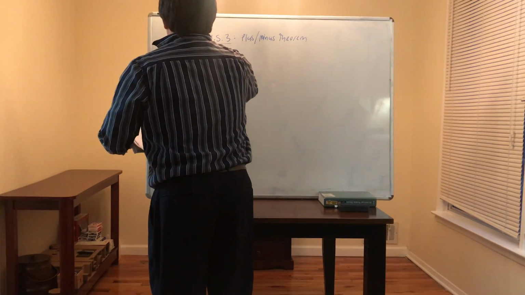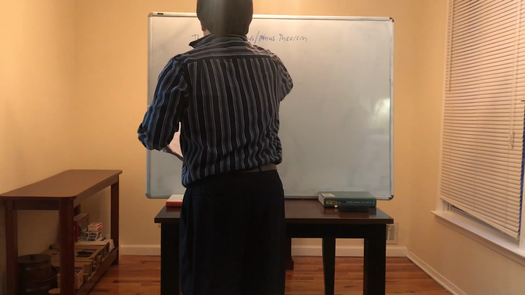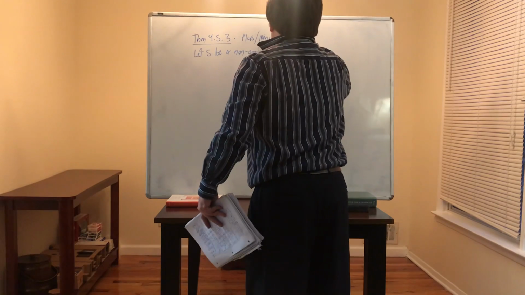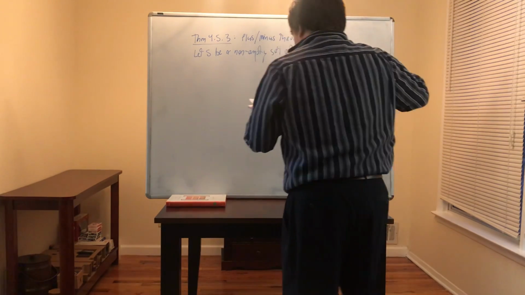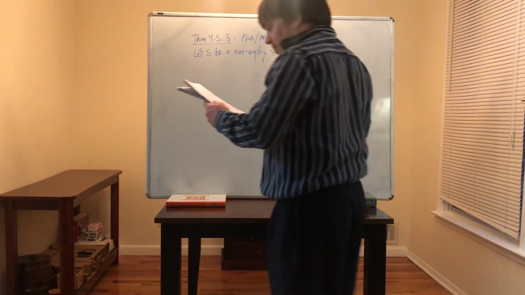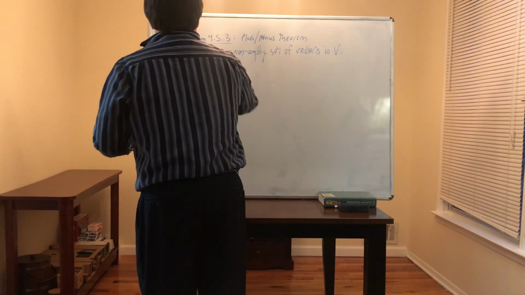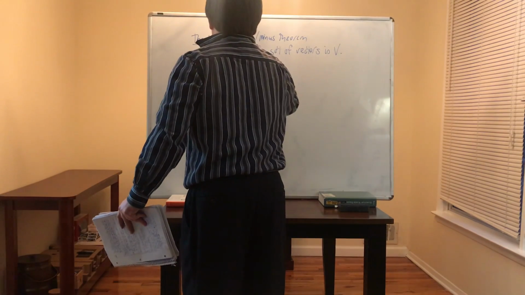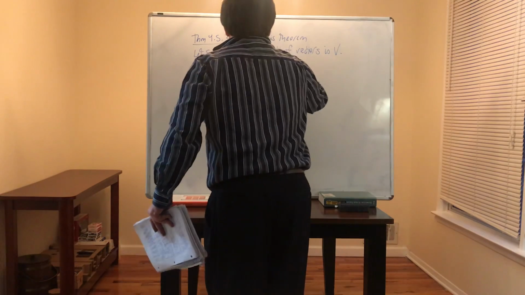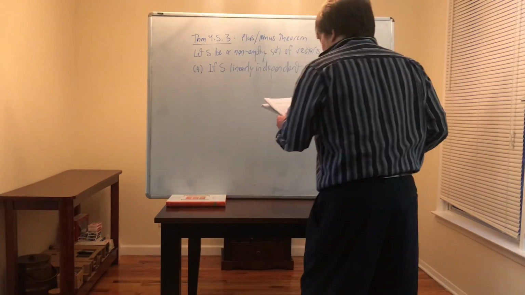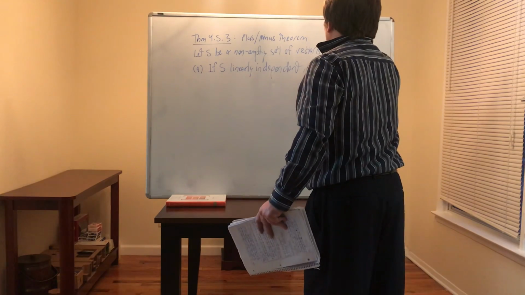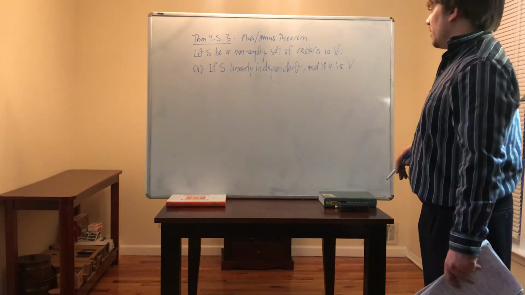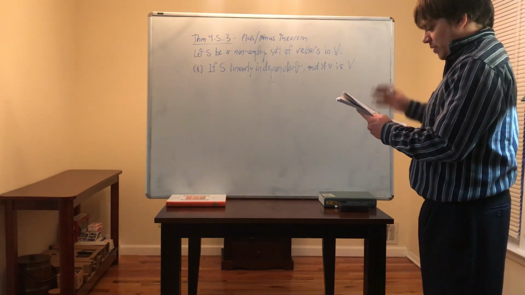The plus minus theorem: let capital S be a non-empty set of vectors in a vector space capital V. Okay, so S is a non-empty set of vectors in capital V. Part A: if that set S is linearly independent, and if little v is a vector in capital V, I'm using the notation that a lowercase letter is a vector in the set, and capital V is the vector space itself.